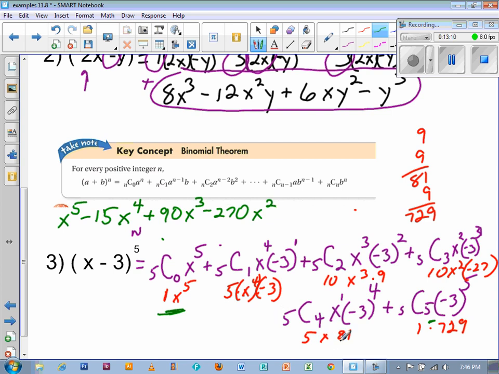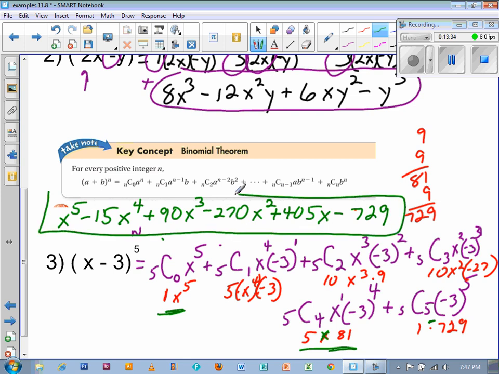We got 5, so that'd be plus 405. Doing this one right here. This is an x, not times. So 5x times 81 is 405x. And then our last term would be a minus 729. There is our expansion of x minus 3 to the fifth power.